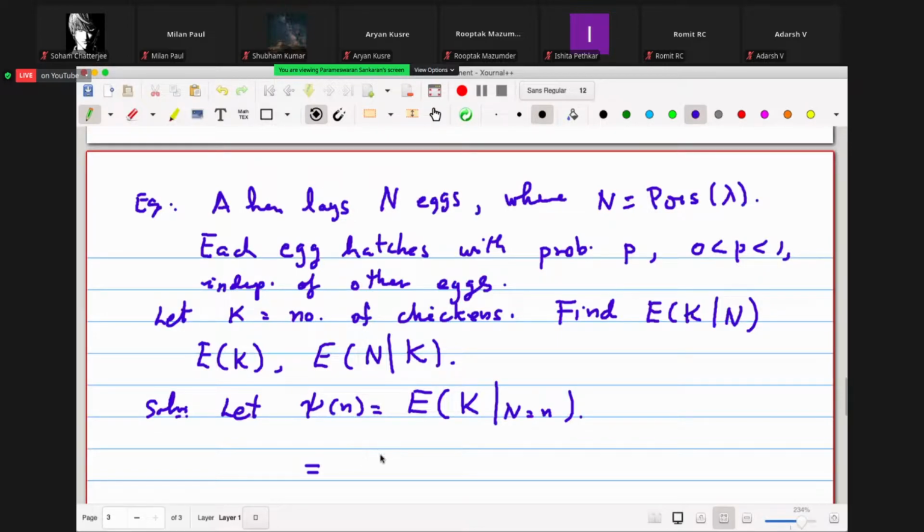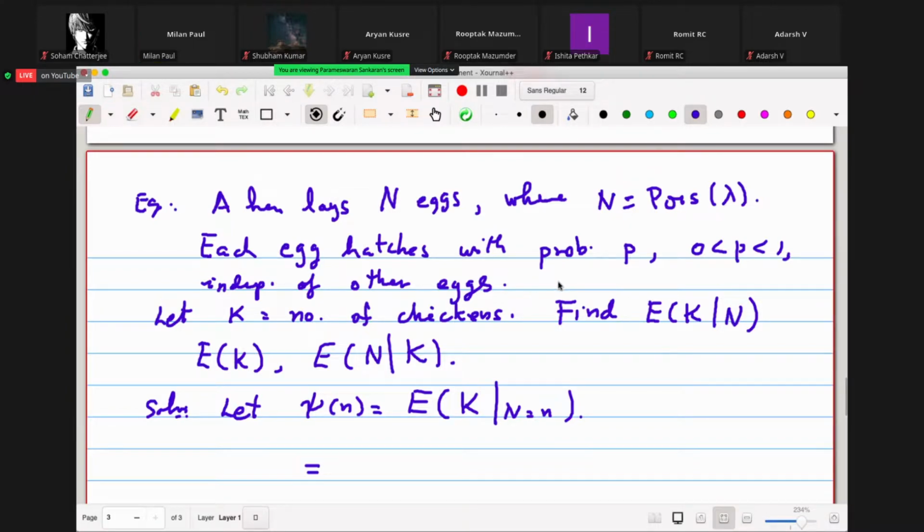Sir, why is the number of chickens a random variable? Because first of all, given the number of eggs that the hen has laid, each one hatches with probability p. So how many of them will hatch will depend.